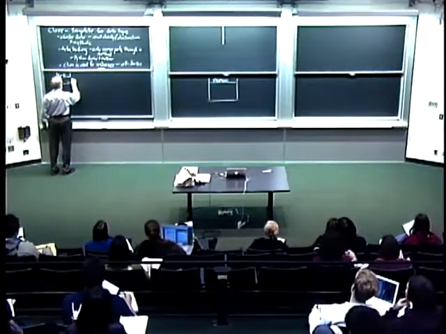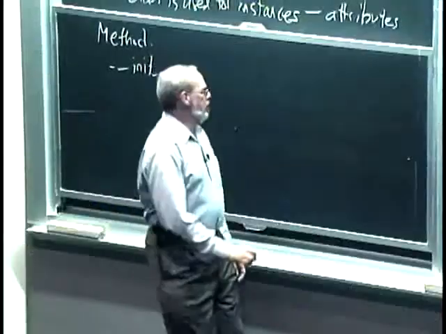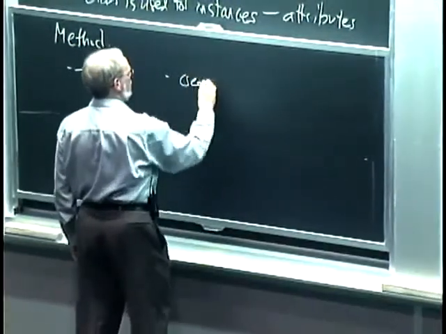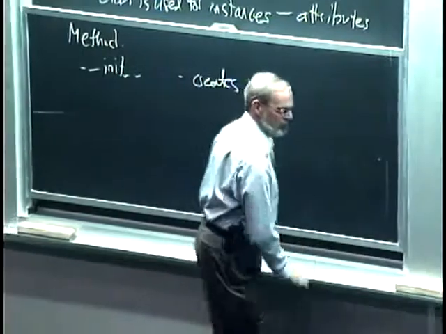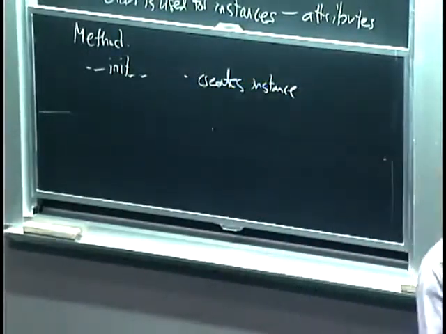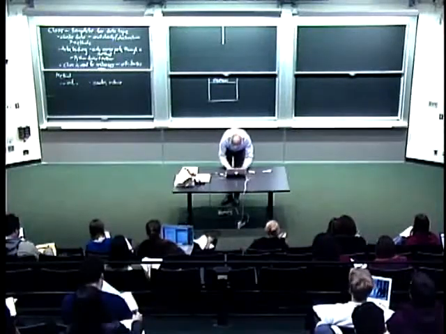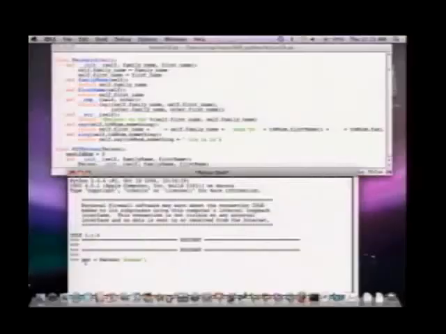Underbar init is going to be the thing that creates the instance. Actually, slightly misspeaking. Actually, Python creates the instance, but it's going to be the thing that fills it in. So in this case, I'm going to give it two arguments. Frank Fubar.